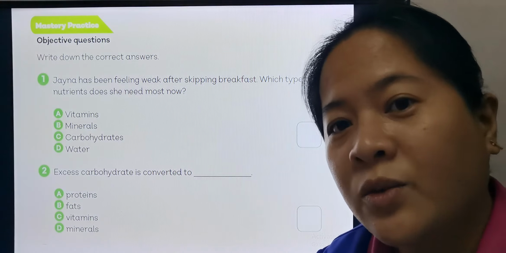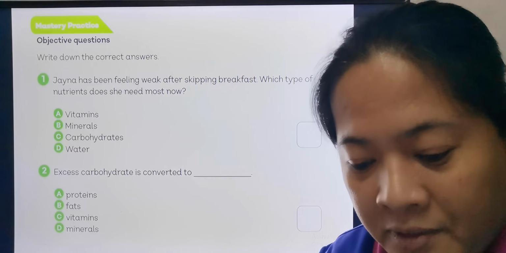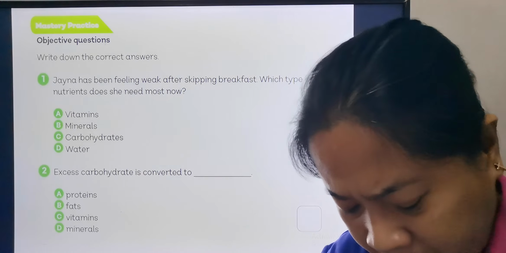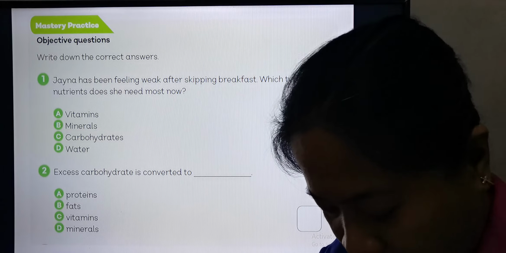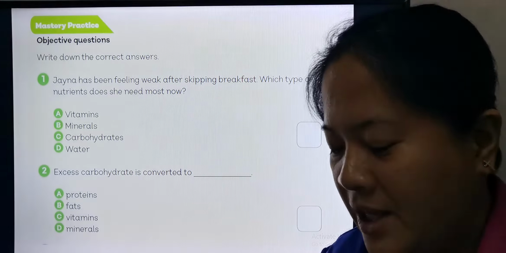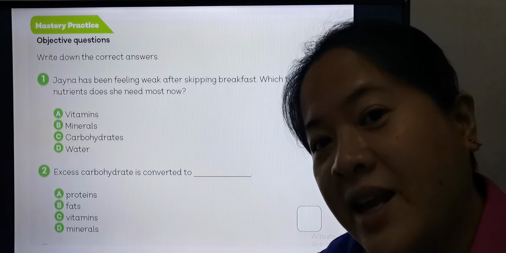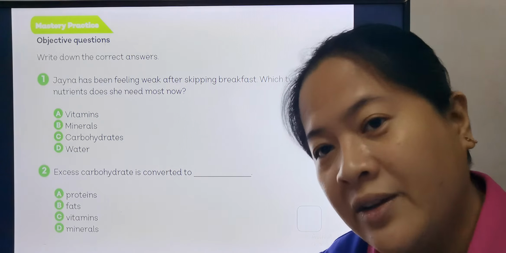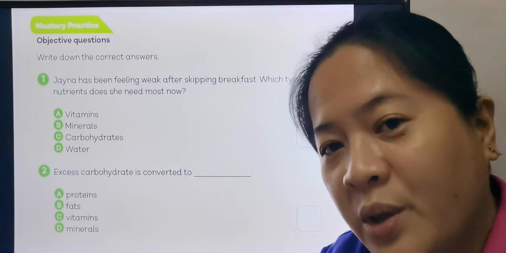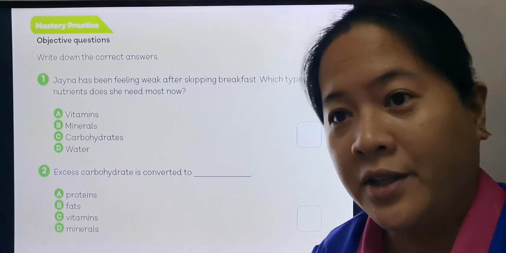So we will start with 6 today. Okay, we're going to answer the mastery practice part. And we already answered page 10 to 12. So we're only left with 3 pages, page 6, 7, and 8. Okay, so we're going to answer all together. Some items I will let you answer by yourself.